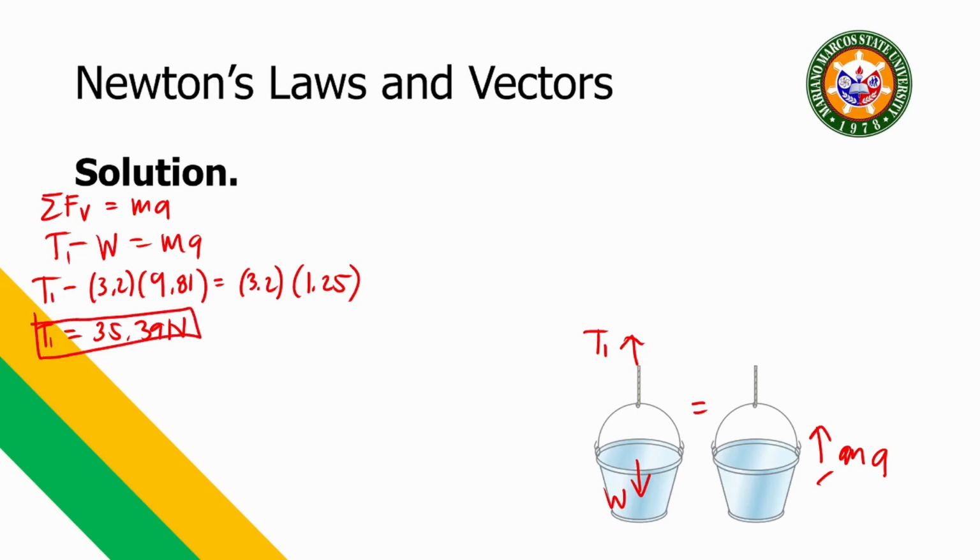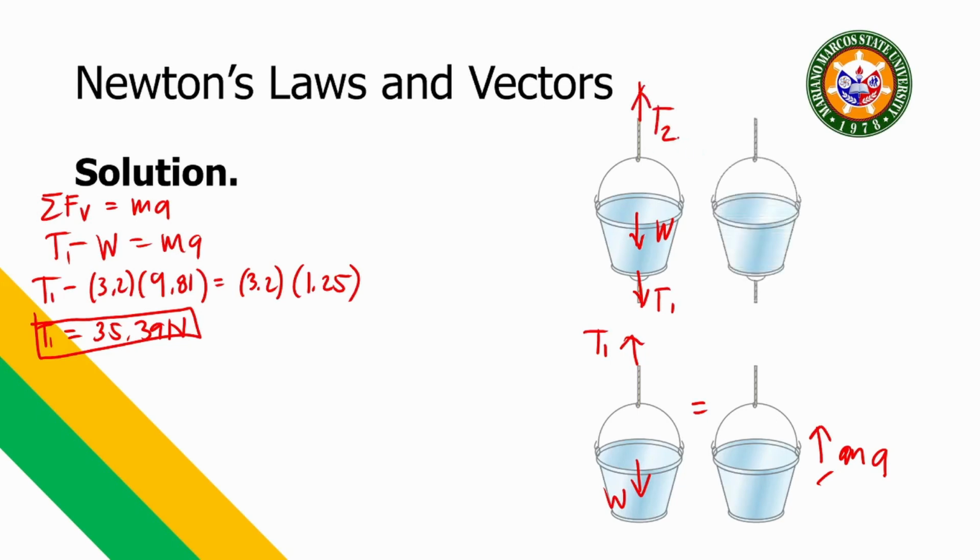Next, we have here the free body diagram ng nasa taas na bucket. Dito, meron tayong naka-apply na tension 1, yung tension mula sa baba, and then weight of the bucket itself, and then tension 2, away from the system yung mga tensions natin. We expect acceleration upwards given naman sa problem.